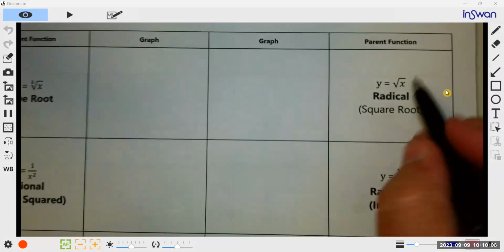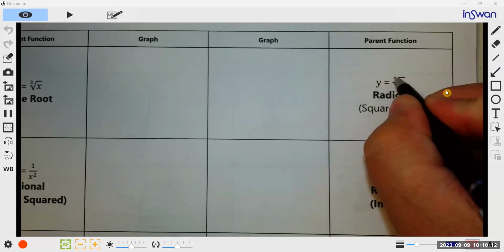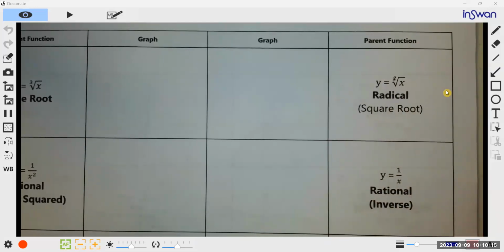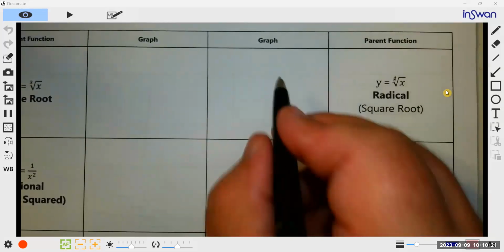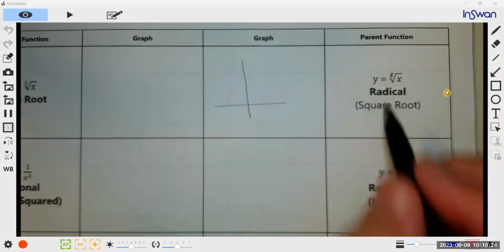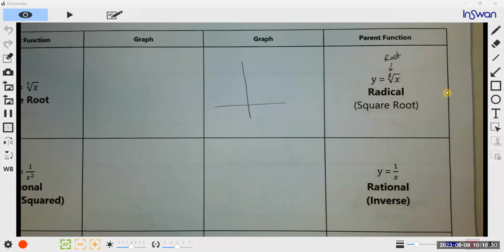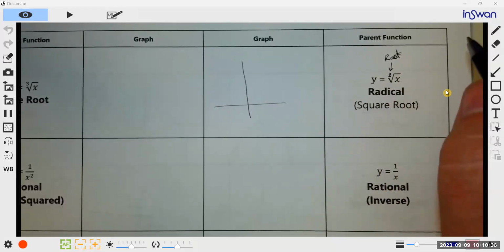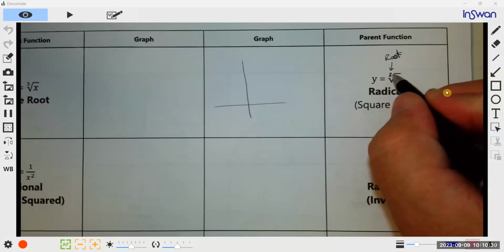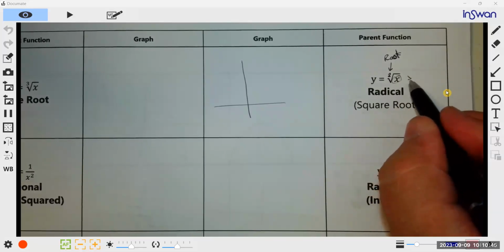Okay, the other side, radicals. This is called a square root. The reason it's called a square root is that it's invisible that there's a number 2 in there. And we'll talk about how to find all these, what they mean. The only limitation here of a radical, if the root is even, we call that number the root, like a root of a tree, R-O-O-T, if it's even, the x has to be greater than or equal to 0.